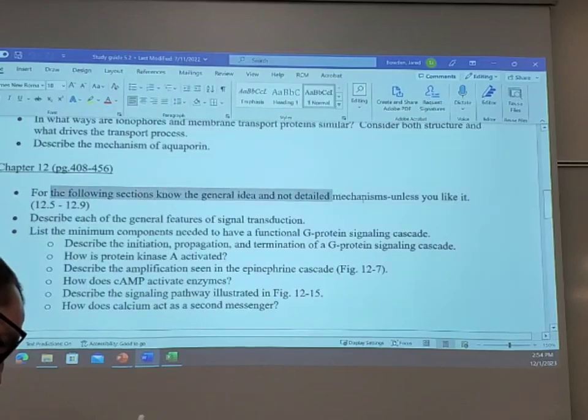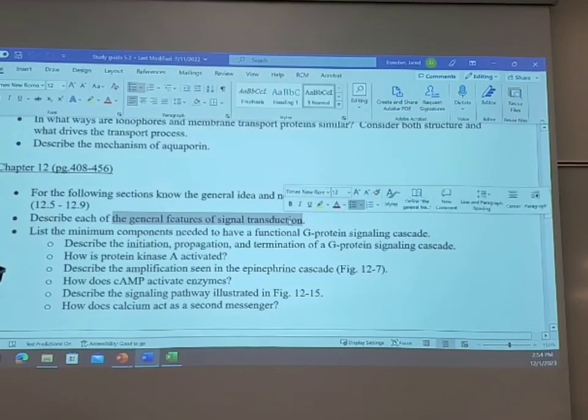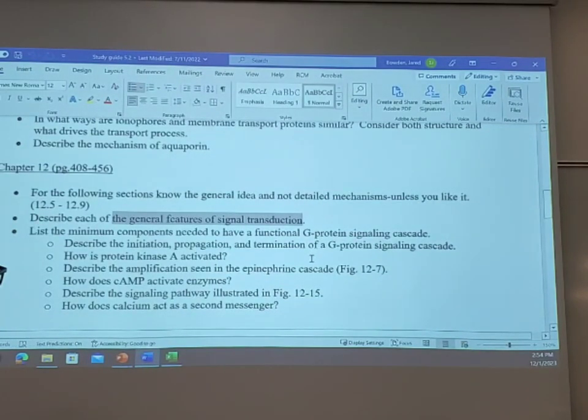For the following sections, know the general idea, not a detailed mechanism unless you like it. That will be dealing with some pathway receptors for different things like sight and smell. General features of signal transduction, that was the 5 that we looked at right at the very beginning.